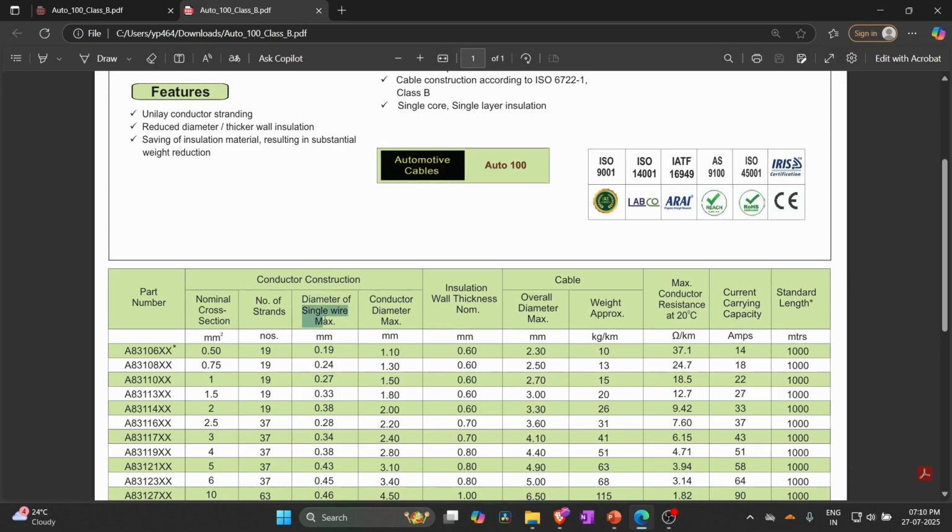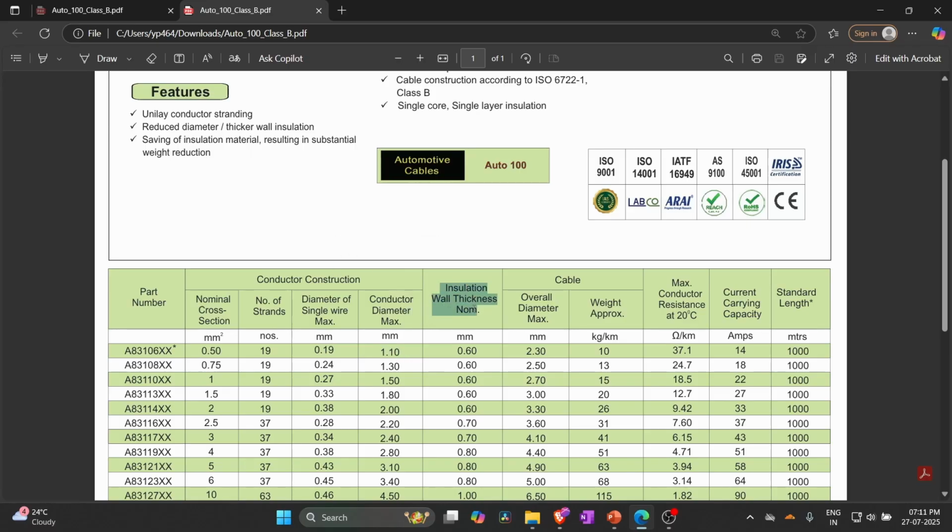Another factor is the diameter of the single strand, which can be 0.19 mm to 1 mm.